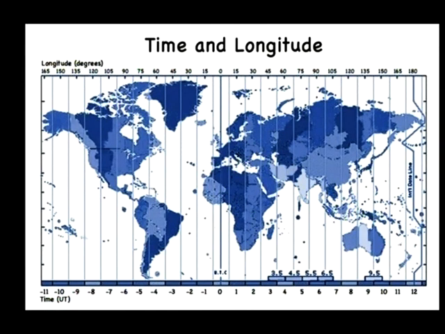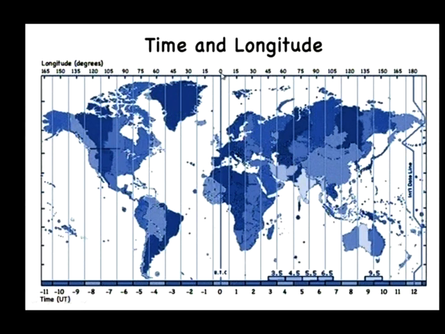And friends, we have learnt about the time zones, time and longitude. Here we have discussed that our world is divided into 24 time zones from the Greenwich meridian going east and west.